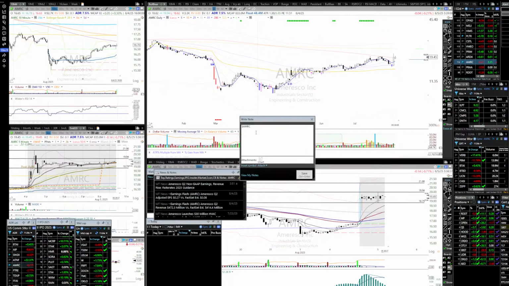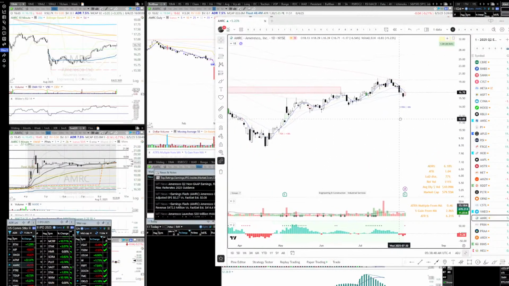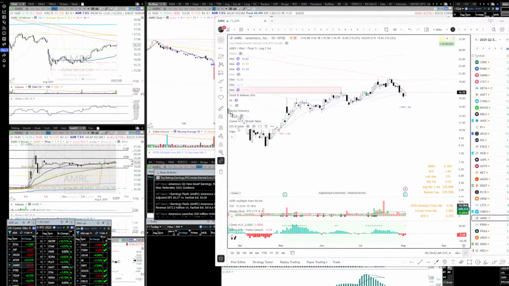So I'm actually using TradingView here. So what I do is that I use these numbers. They're not perfect. TradingView does some weird things sometimes, but I'm using this EPS and sales one.